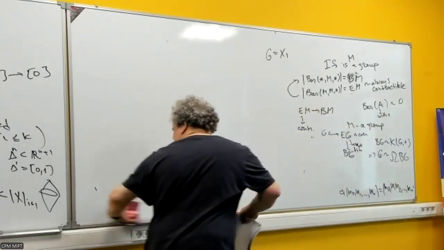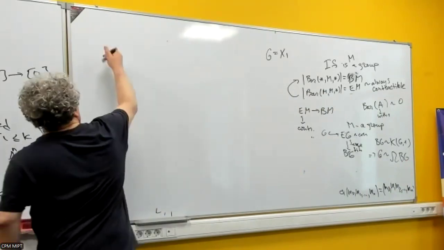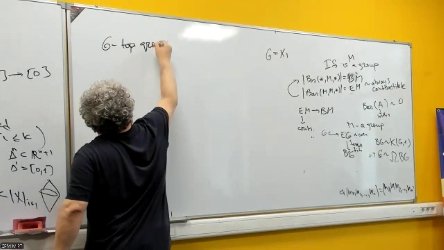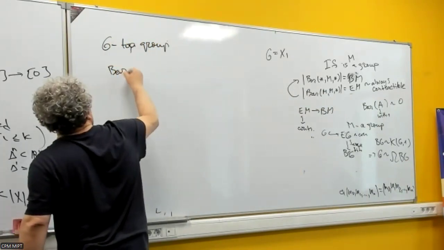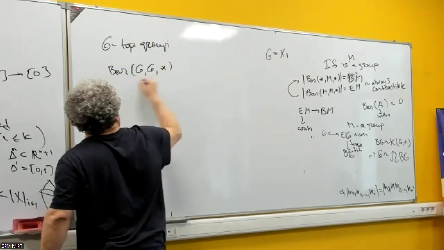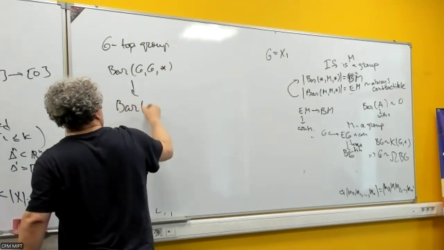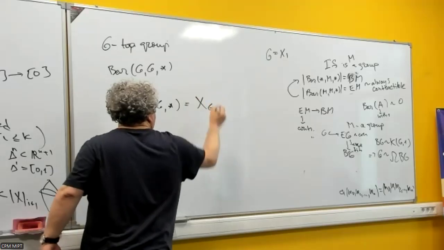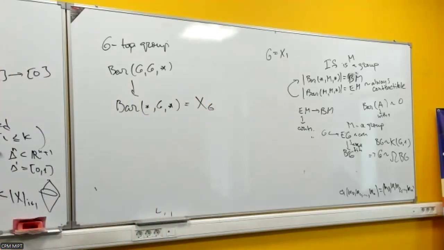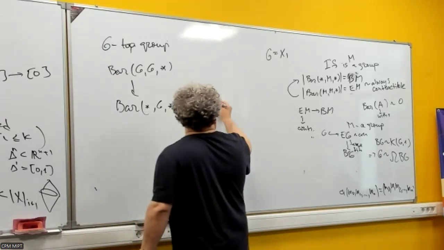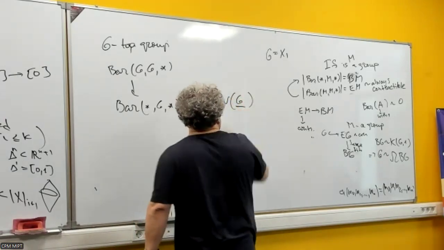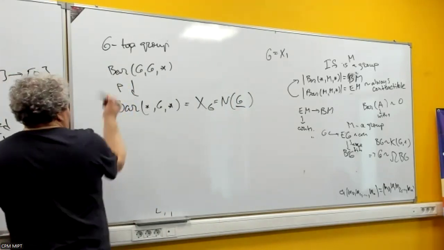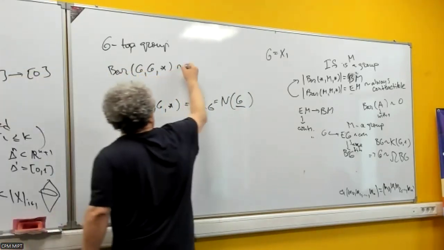So the next case is a topological group. We still have the same stuff, bar G1 to bar G, and this is actually what we called XG in the last lecture, which is the nerve of the category with one object and morphisms G. We want to prove that this is still contractible.